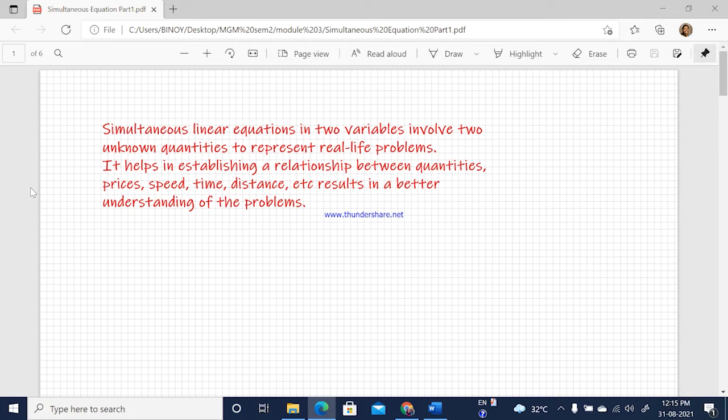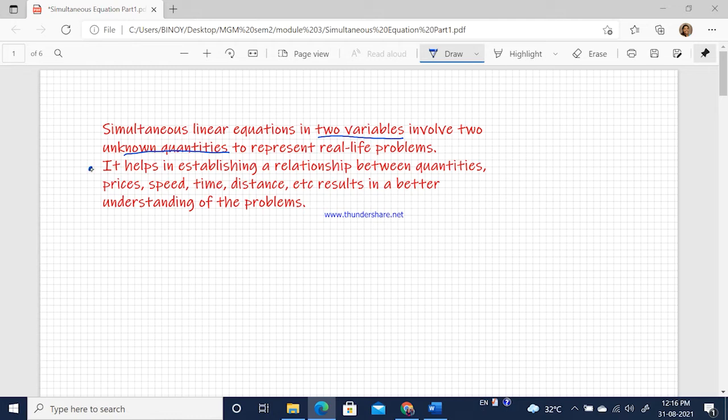Whenever we are having two or more equations that satisfy the same values of unknown quantities, then we can say that they are simultaneous equations. A simultaneous linear equation consists of two variables, involving two unknown quantities, and they are used to represent real life problems.